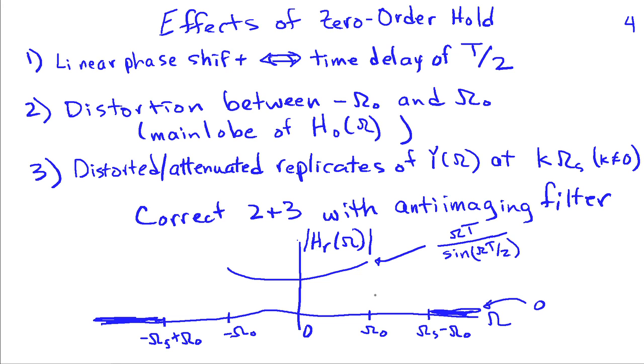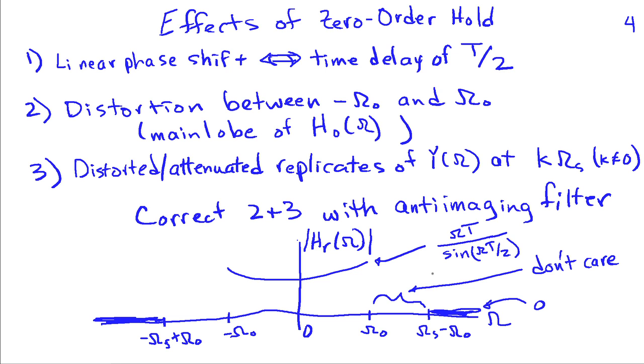And then in this interval here, and this is what makes this a practical system, between omega naught and omega sub s minus omega naught, there's no energy in y0 of omega, so we really don't care what the filter does in here.